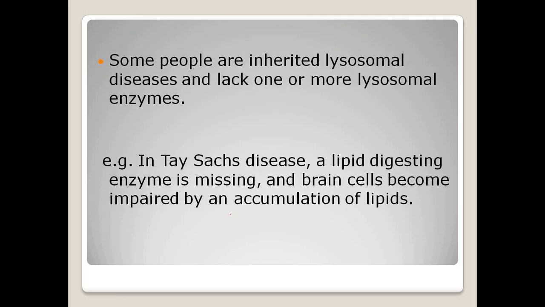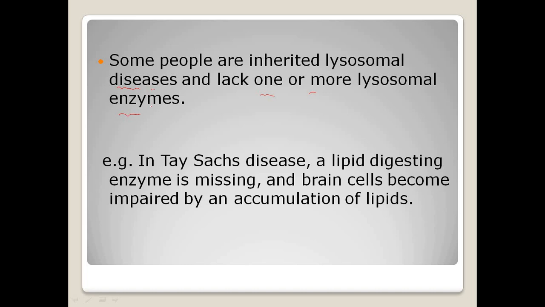All animal cells have lysosomes for the cleanup process, the digestion of food or different materials, or cellular debris inside the cell. But what happens if a person lacks lysosomes or lysosomal enzymes? Some people inherit lysosomal disease, which means they lack one or more lysosomal enzymes.